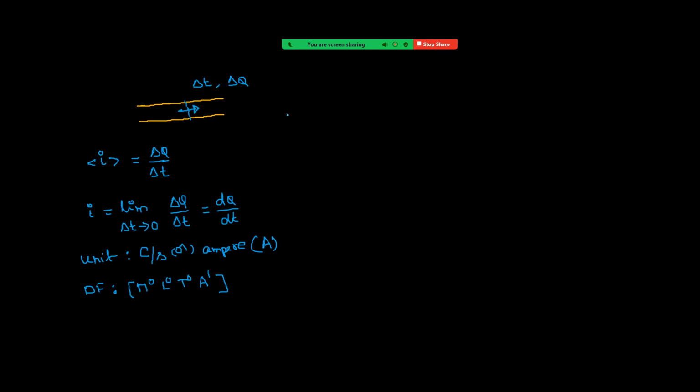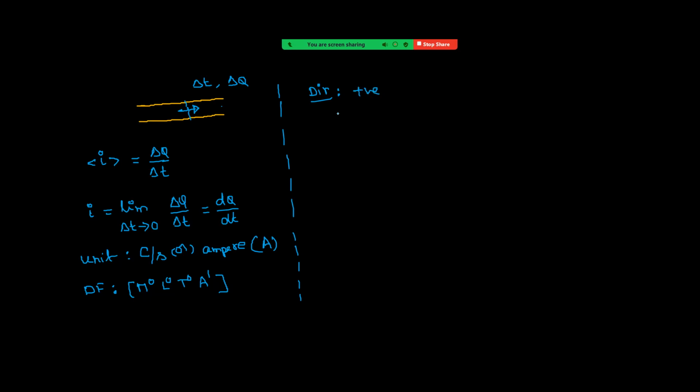Now we are defining the direction of current. If you take dQ as a positive charge, if dQ charge flows to the right side, then the direction of current is also right side. That means the direction of current is the direction of flow of positive charge.